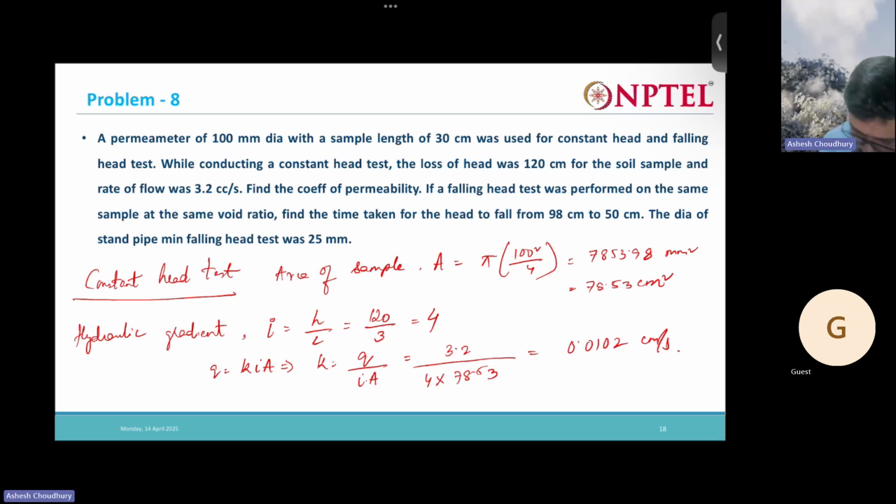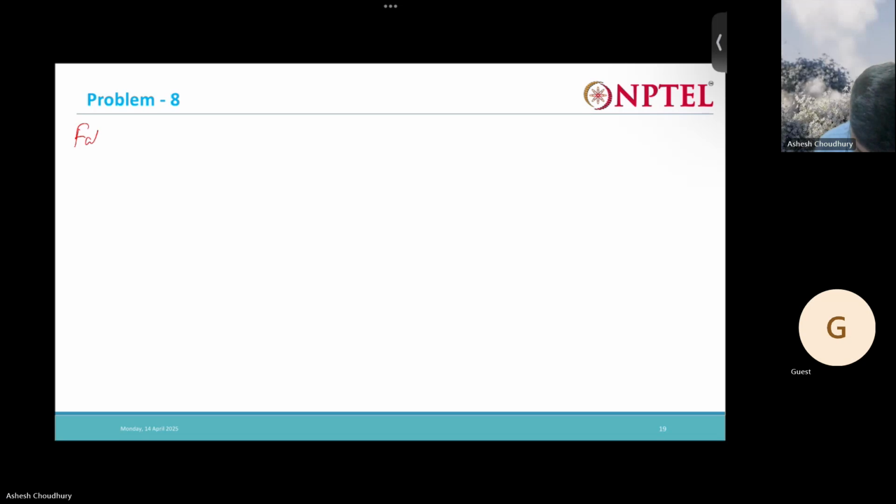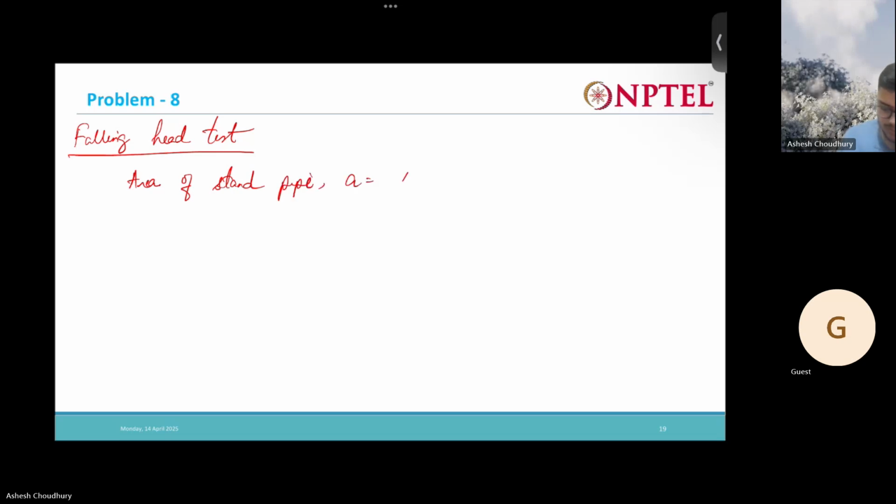Now next we have the falling head test. Just 2.303, H2.